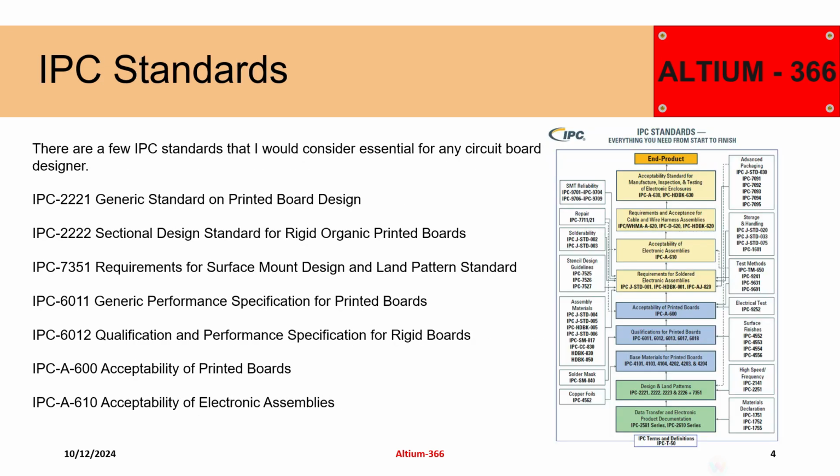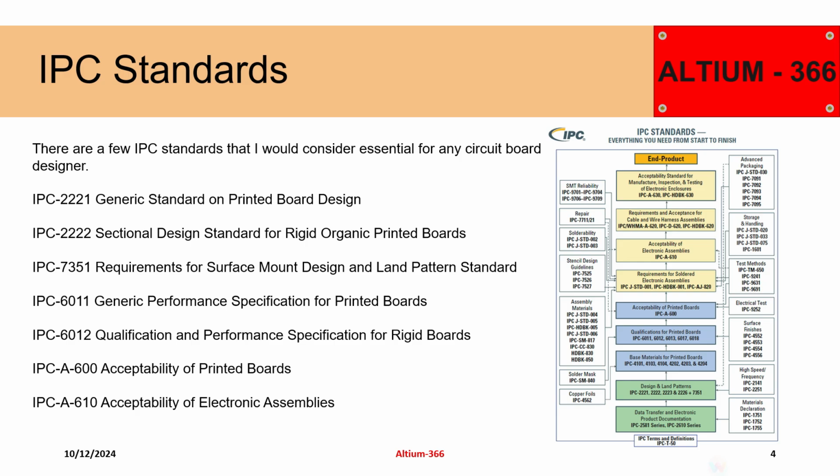As a PCB design or electronic design engineer, you should at least know these IPC standards or specifications like the IPC 2000 series, 7000 series, 6000 series, and also the 600 and 610 series, which are important for the design engineer.